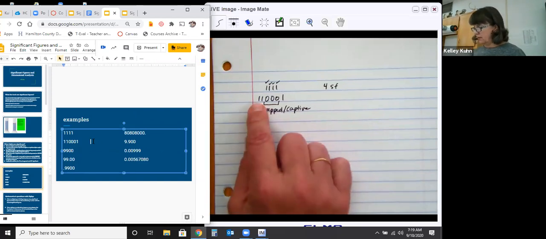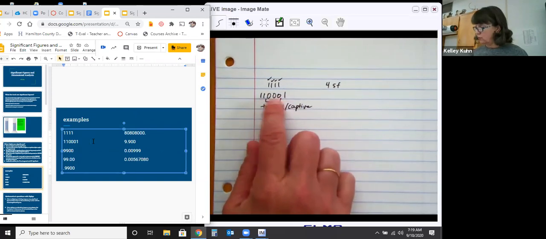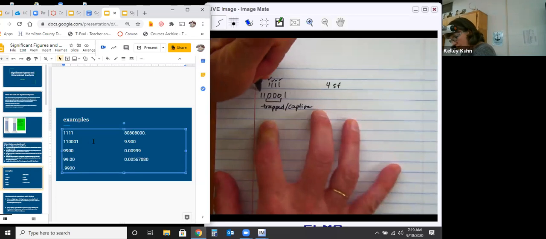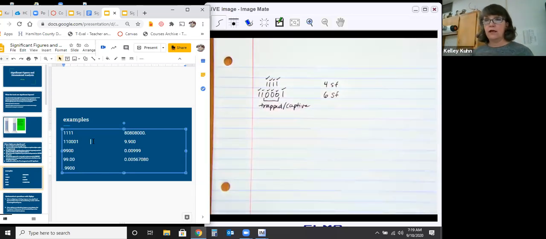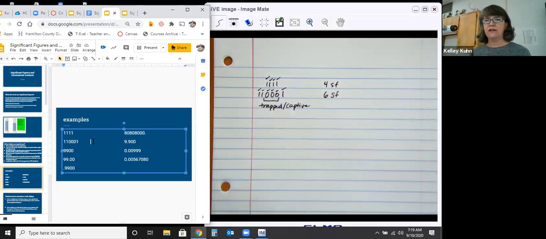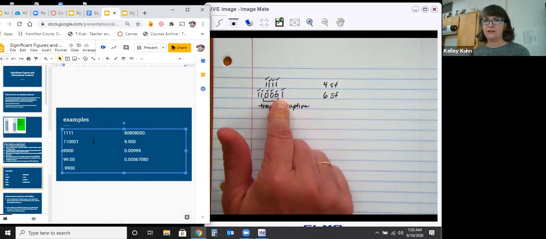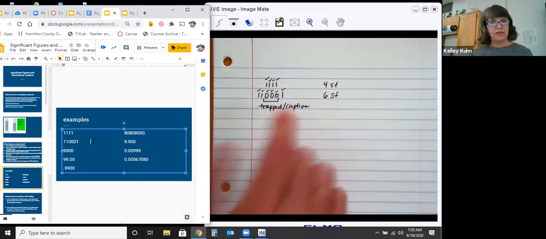So this is 110,001, right? Because they're between ones, which are not zeros, they're considered captive and trapped. So in this case, 1, 2, 3, 4, 5, 6, we have 6 sig figs. The reason those zeros are considered significant is they're considered to be part of the measurement. Once again, you don't just randomly write numbers unless it's implied that it's a number that has meaning, numbers other than 0. So these are trapped or captive, and they count as significant.